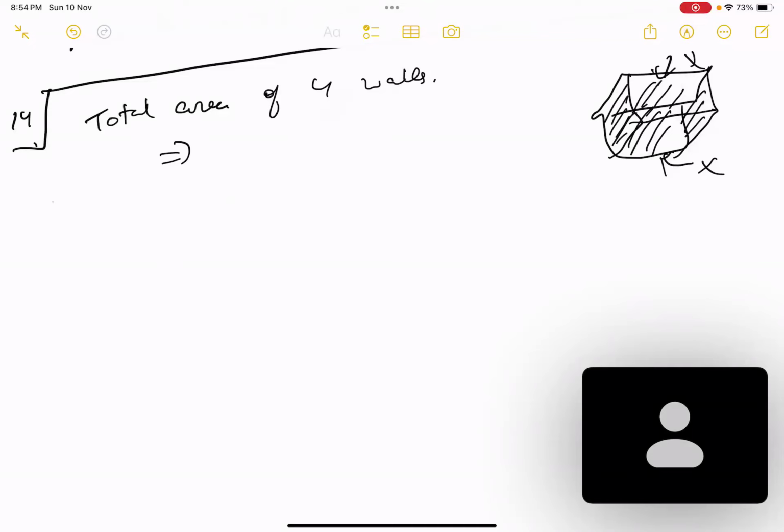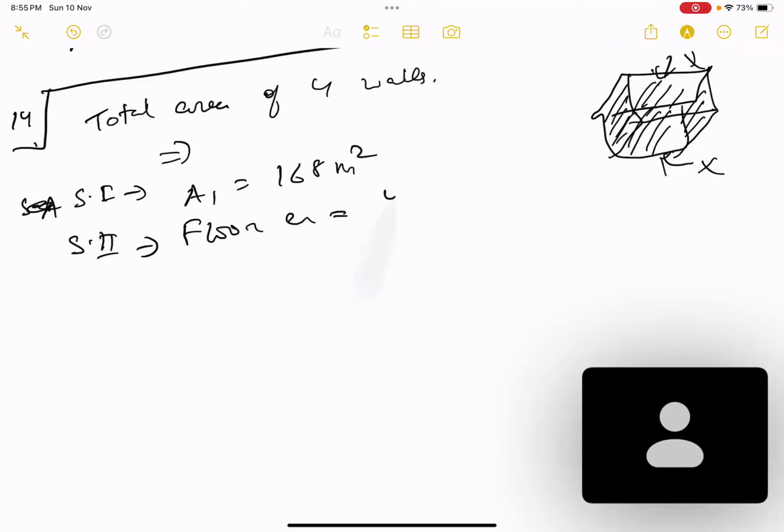Statement 1 says that the area of one of the walls is 168 square meters. Statement 2 says that the floor area is 140 meters square.